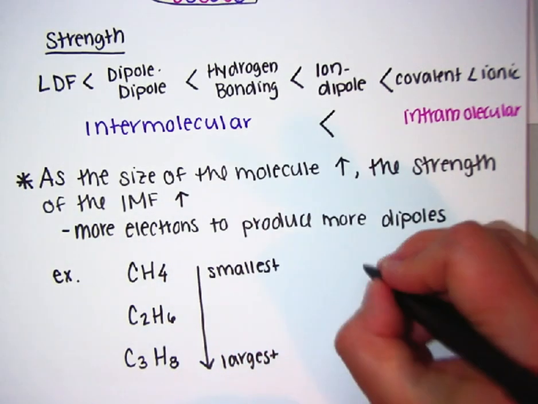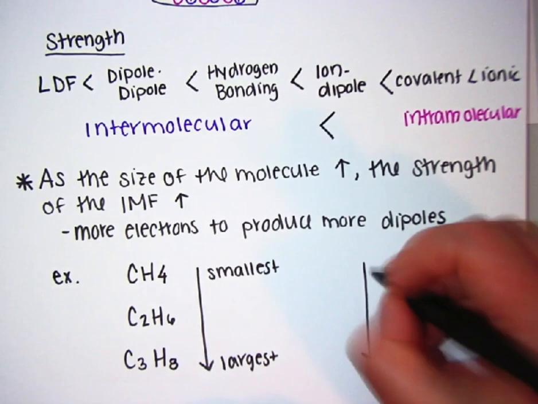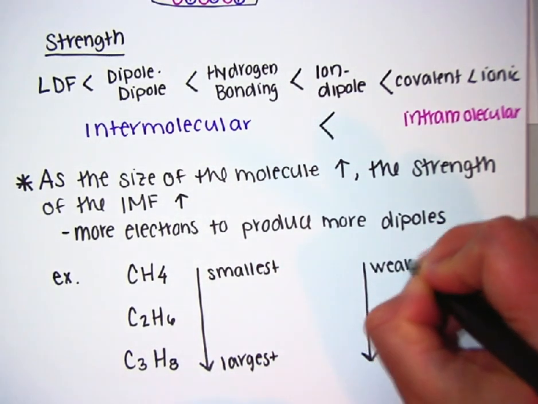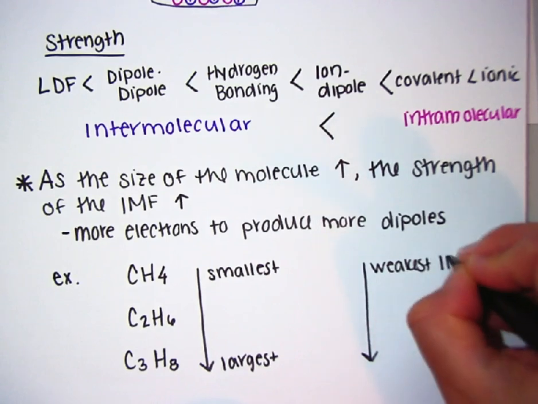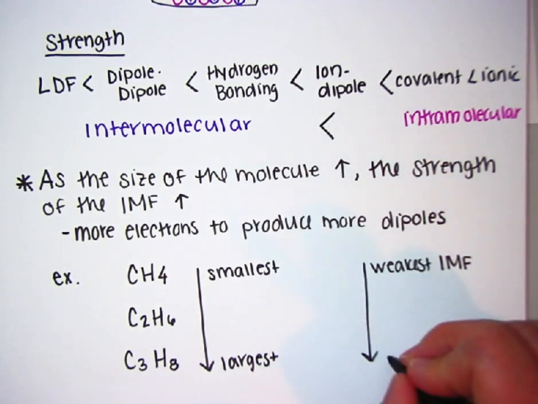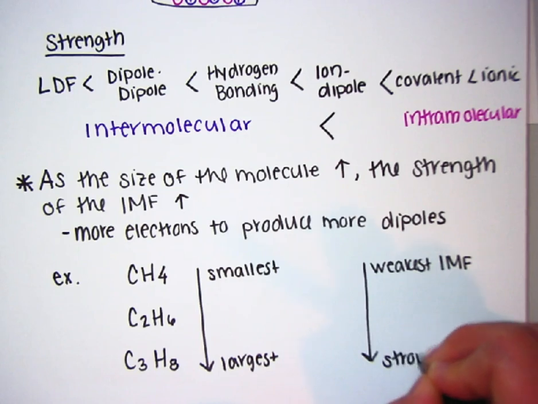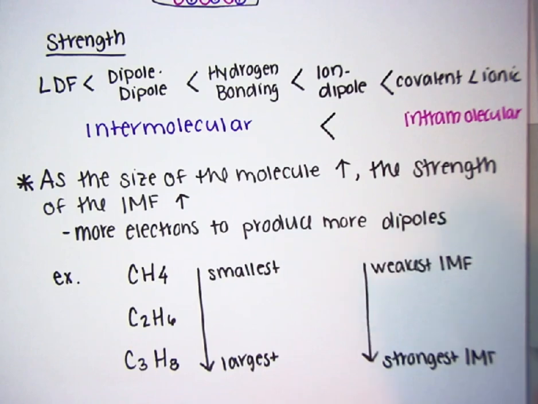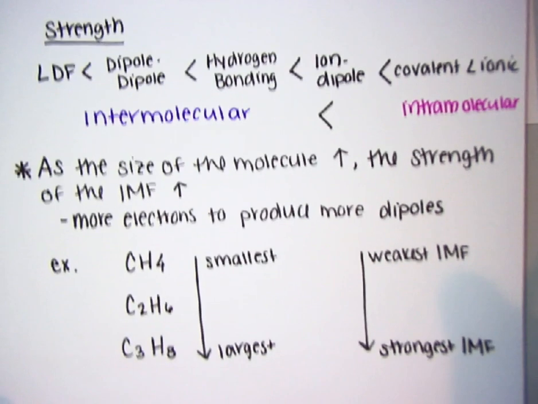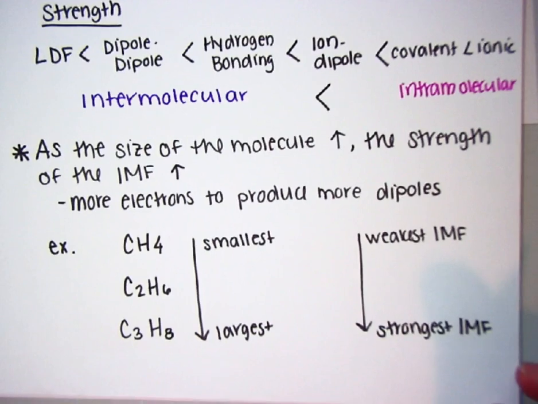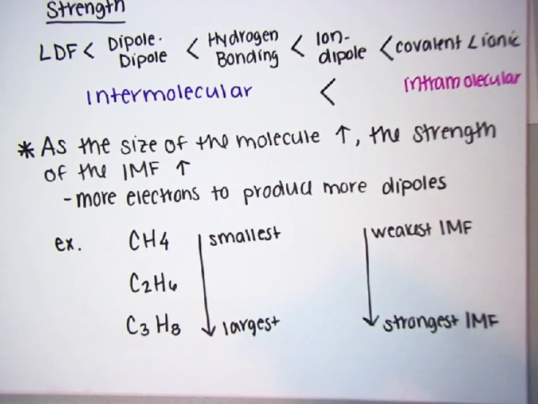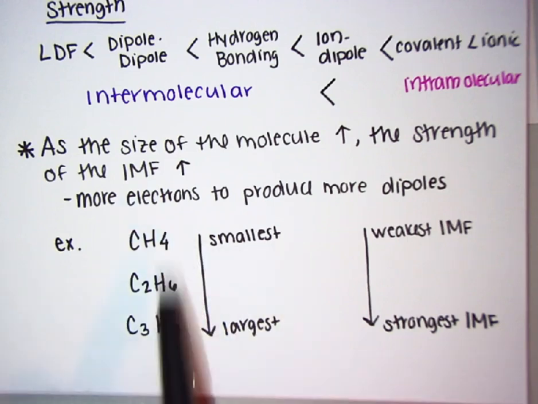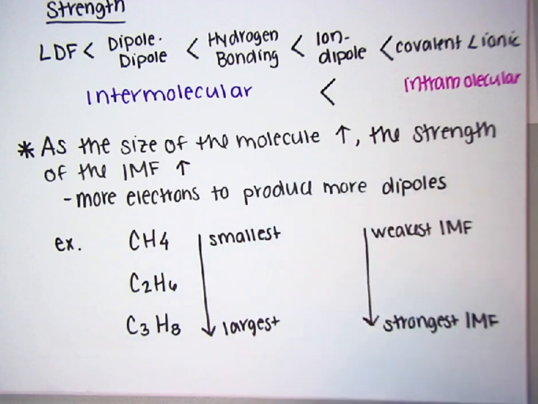Well, also as I go down, the strength increases. Methane would have the weakest intermolecular forces. Propane would have the strongest intermolecular forces. All of these molecules have LDF, London dispersion. They are all nonpolar molecules. So how do we rank them? It goes by size. Smallest to largest, direct relationship, weakest to strongest.